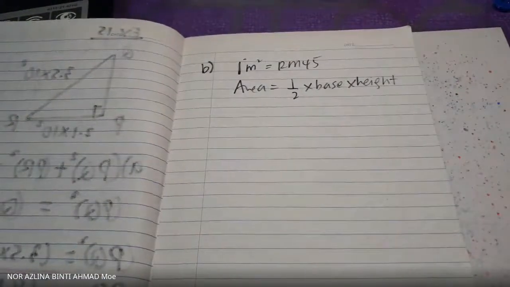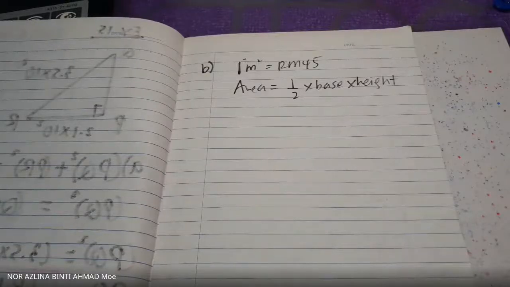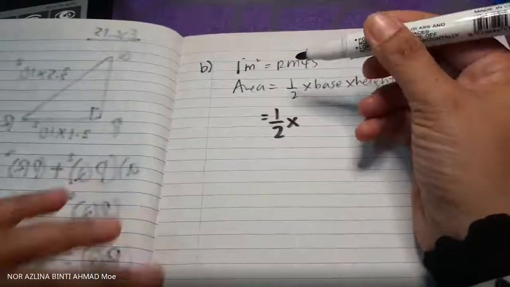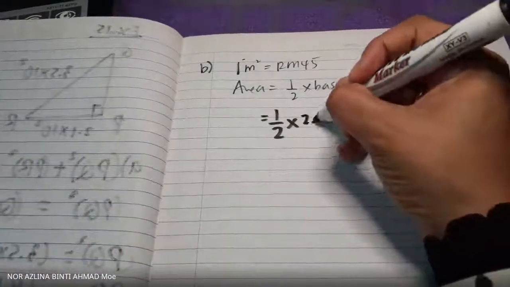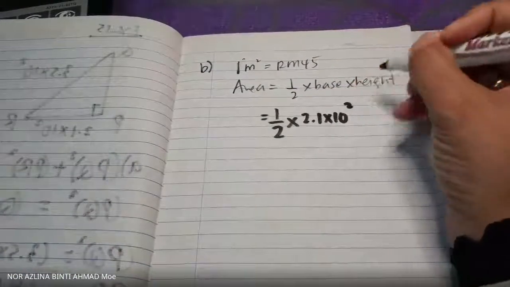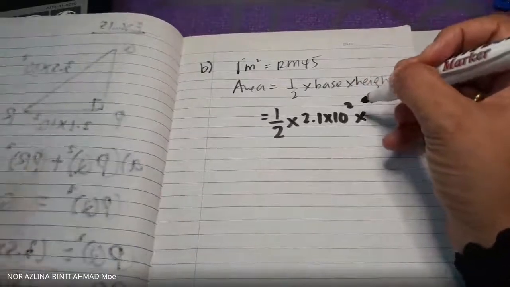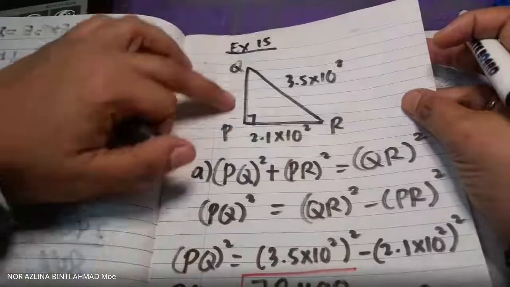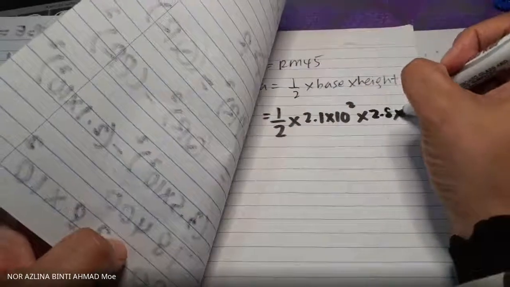Substitute for the right angle triangle: 1 over 2 multiply base, which is PR, 2.1 times 10 power of 2, multiply height, which is PQ, 2.8 times 10 power of 2.